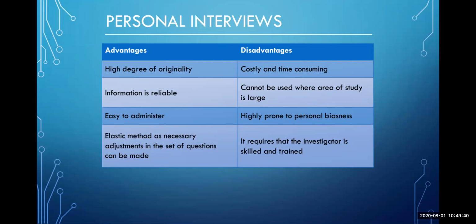For example, the interviewer can do a certain amount of manipulation while recording or collecting the information from the respondents. So it requires that the investigator is skilled and trained enough to collect all the necessary information from the respondents.